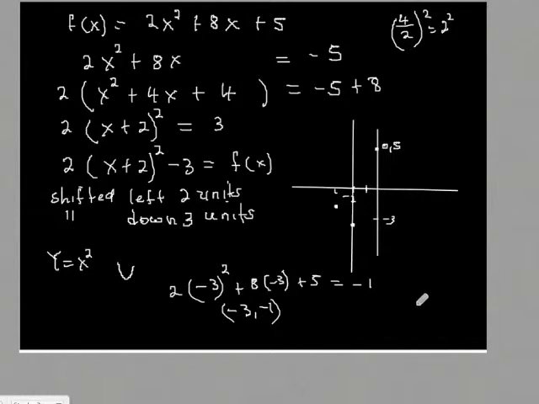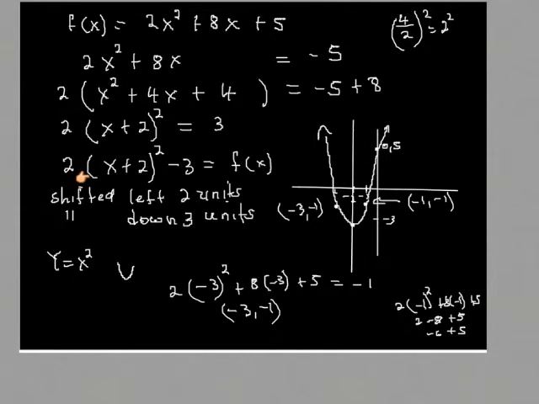Let's say we pick -1, and 2 times (-1) squared plus 8 times -1 plus 5 gives me 2 minus 8 plus 5. That gives me -6 plus 5, which is -1 again. So we can plot another point here, which is (-1, -1). And now I have enough information to sketch the graph.